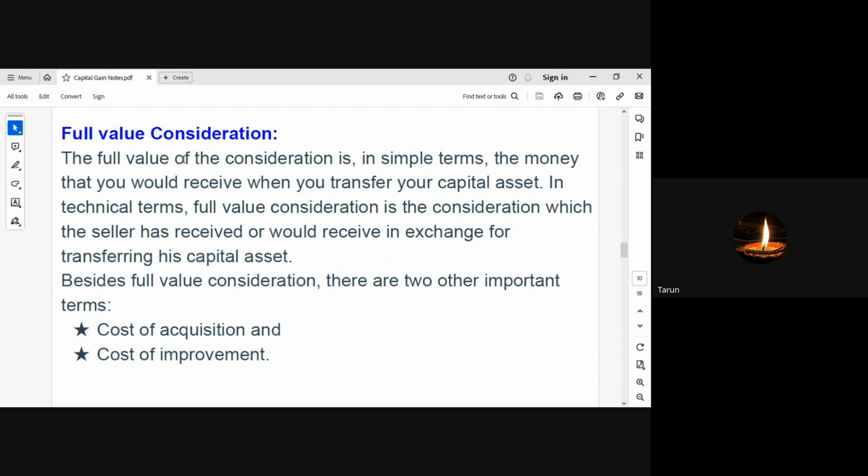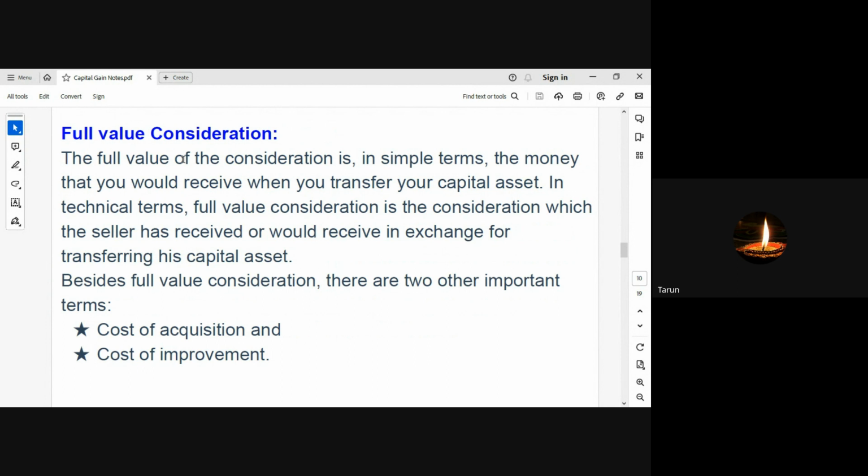Now, along with full value of consideration, there are two most important terms which we'll use in the numerical aspects: cost of acquisition and cost of improvement. Cost of acquisition means the value of the property that you owned and obtained.